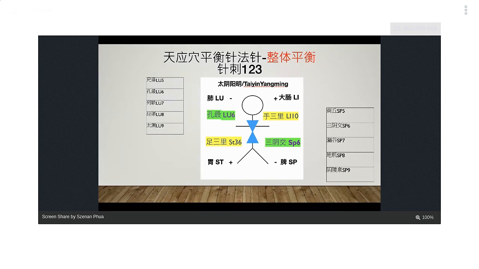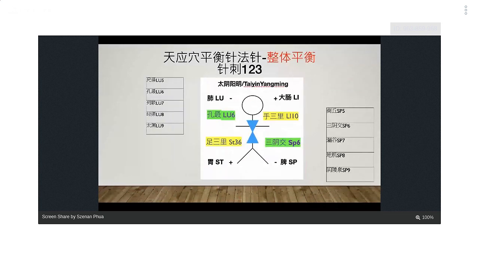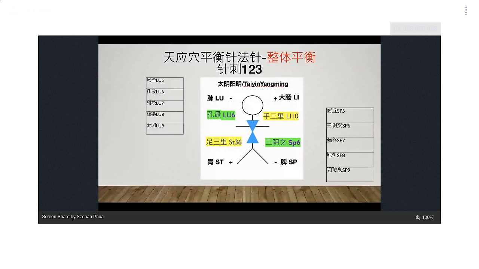If the patient has breathing problem, coughing, then add on this pattern. So you can combine this pattern and the last pattern together. When you combine together, the stomach meridian is the same point as well. And over here, you needle PC6, as well as on the right hand, as well as lung 6.